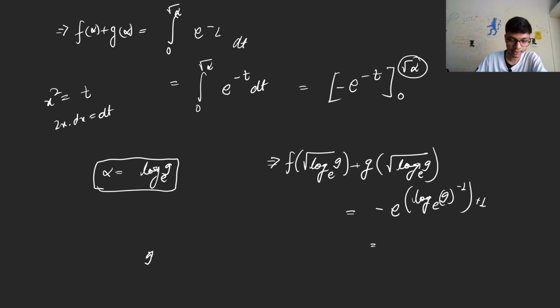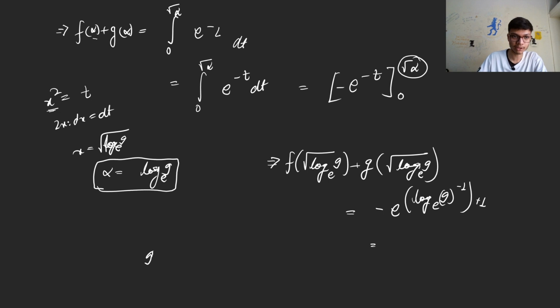Instead of doing that, since I assumed x as root under log of 9, x square will definitely satisfy the result, so it is better to write x over here.